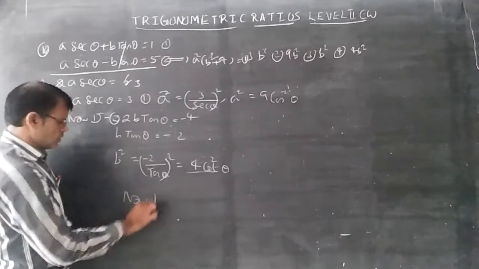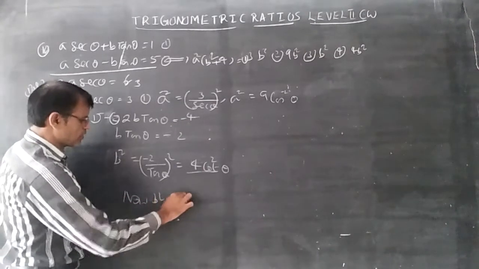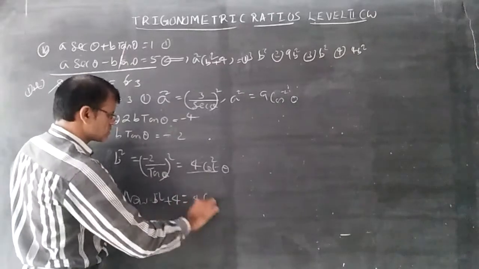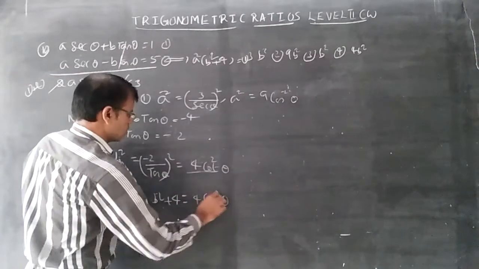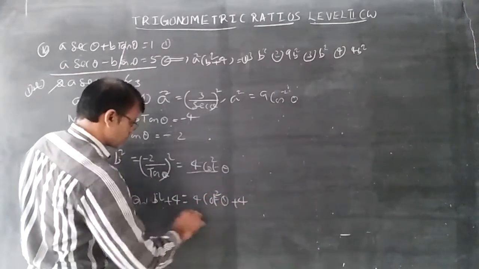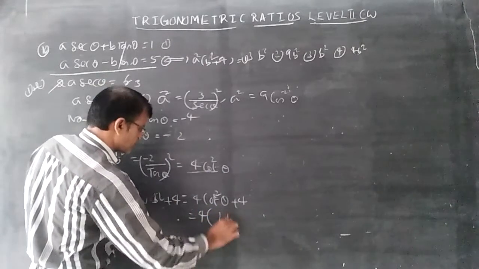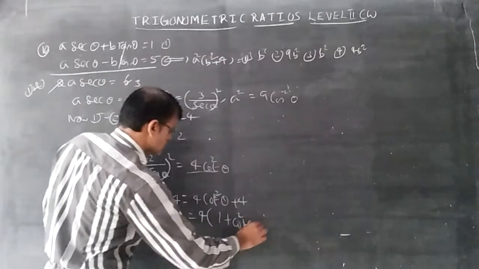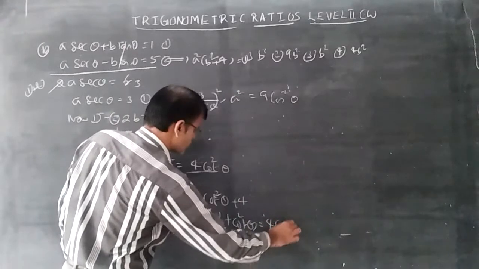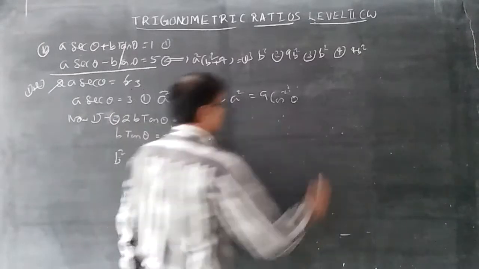Now, b square plus 4 can be understood as 4 cot square theta plus 4. Take 4 common and you can write 1 plus cot square theta, that is equal to 4 cosecant square theta.